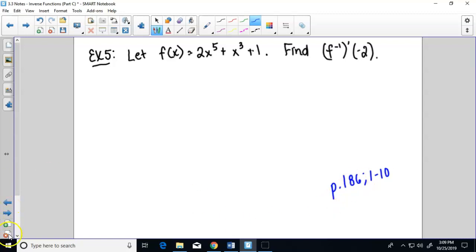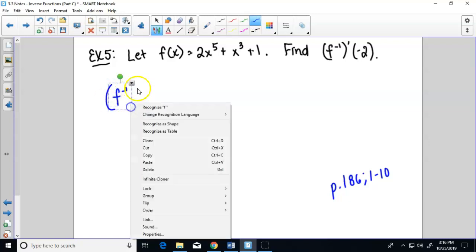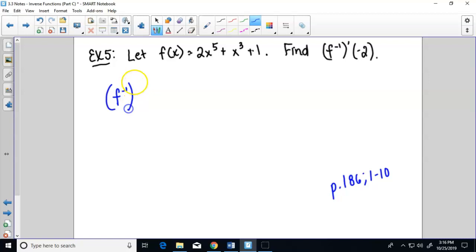On Tuesday we'll check it and go over it, and we've got some more stuff to do with the inverse stuff. So for this one, if we're finding f inverse prime of 2, if we use that formula, then f inverse prime of 2 equals 1 over f prime of f inverse of 2.